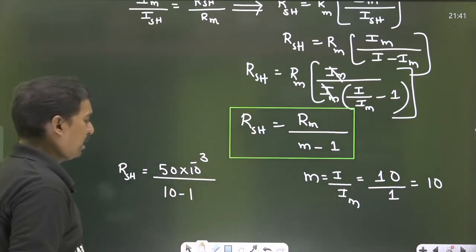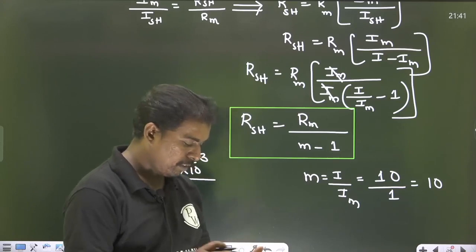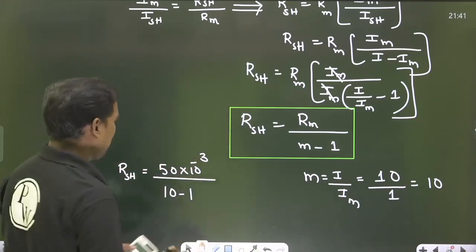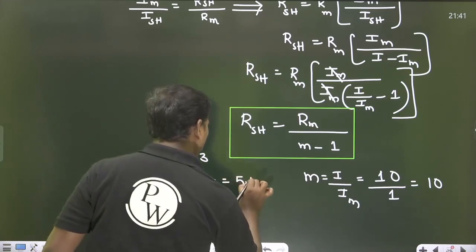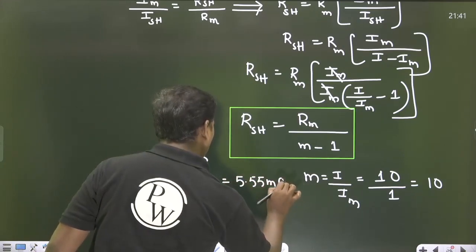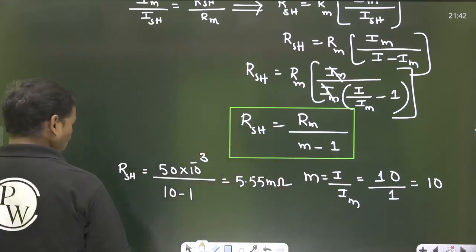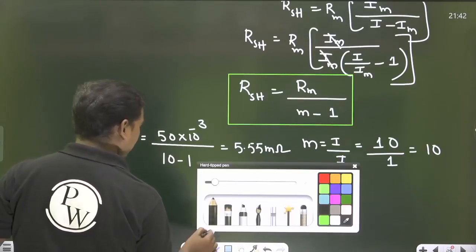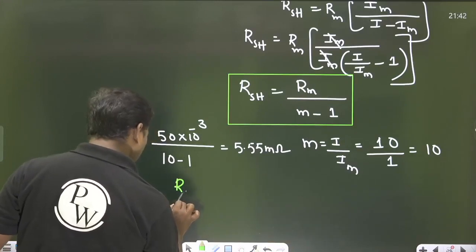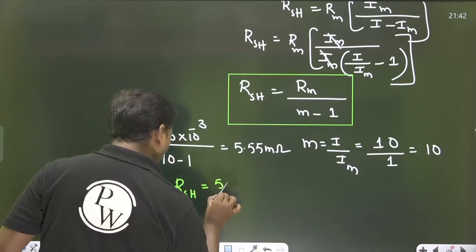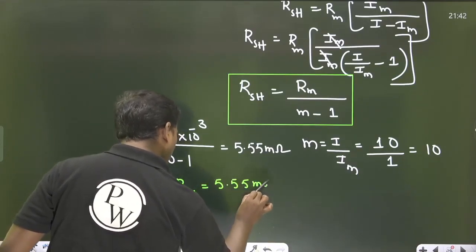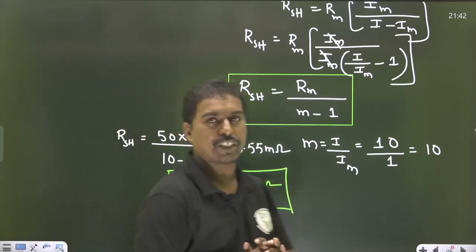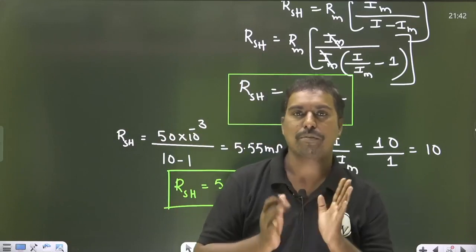So 50 by (10 minus 1), 50 divided by 9, is coming around 5.55 milliohms. So the shunt resistance value we are getting is 5.55 milliohms.